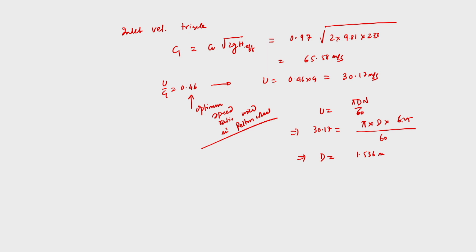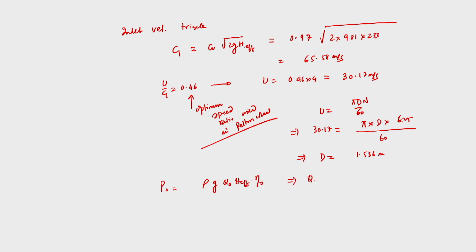Then what we have to calculate, the nozzle diameter of the jet, is very important. What is the diameter of the jet? Now we know that P naught is equal to rho g Q naught into H effective into eta naught, the overall efficiency.